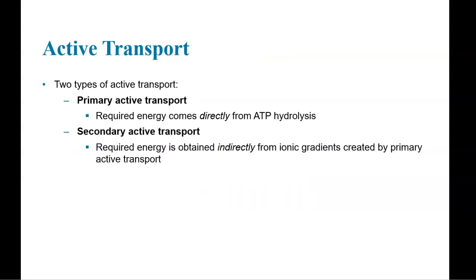So there's two types of active transport. There's primary active transport, which requires energy, and this comes directly from ATP hydrolysis. And then there's secondary active transport that also requires energy, and this is obtained indirectly from ionic gradients that are created by the active transport.